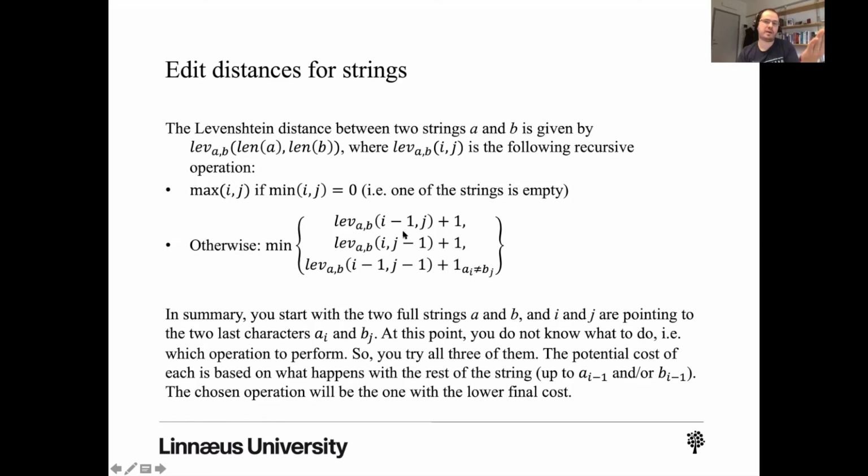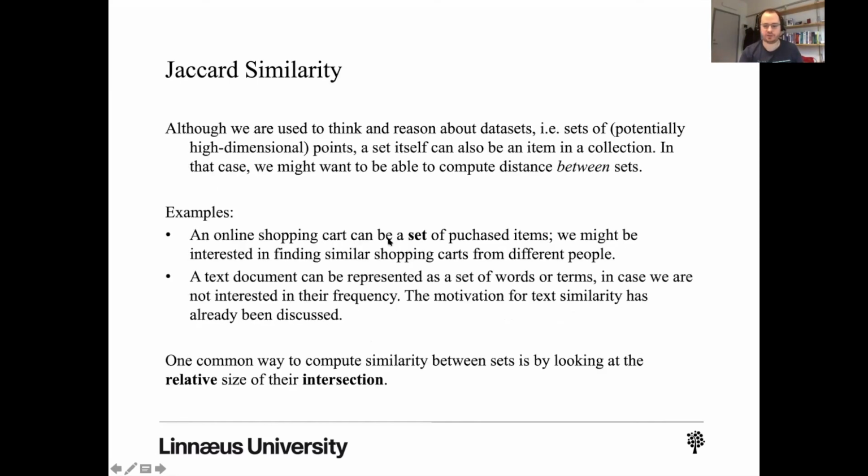When you move back, you're moving back to the same I that you had before, because you added a character and then moved back. Like if you have an A and you add a B, then you jump back to A. This is why I stays the same here, and J goes back 1, because we're moving backwards over the strings.